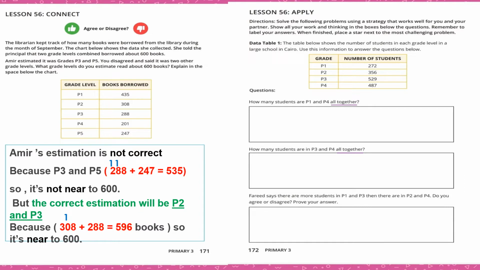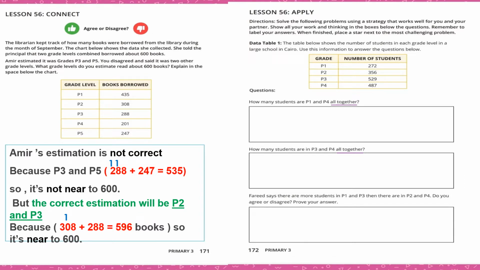The next page here, the apply part. We have also a table, okay? It asks me to solve the following problems using a strategy that works well for you. Here we have another table consisting of two columns.